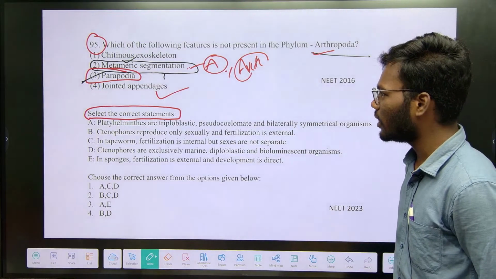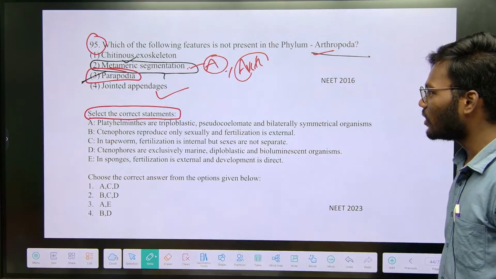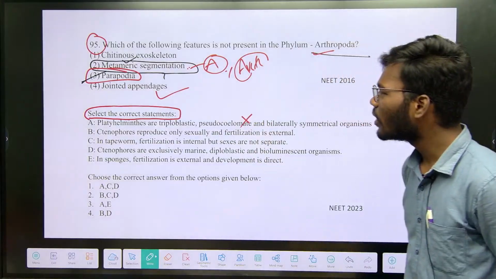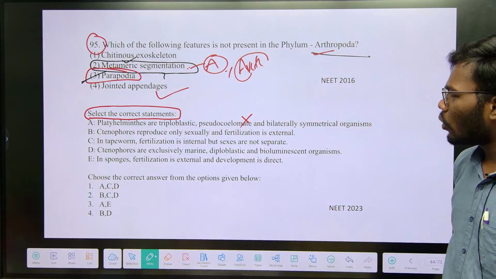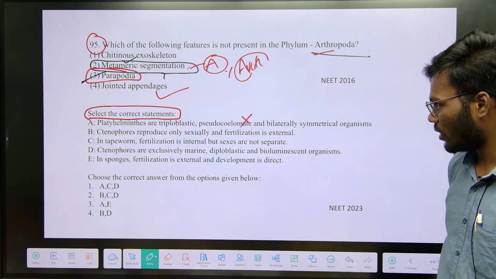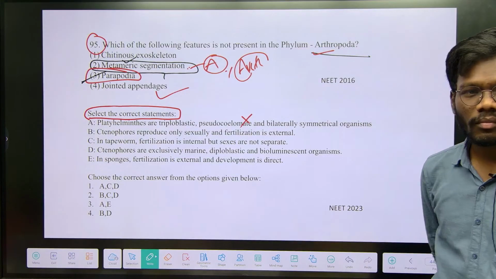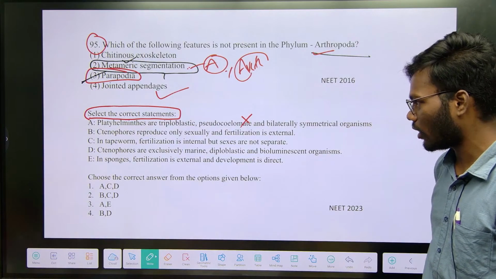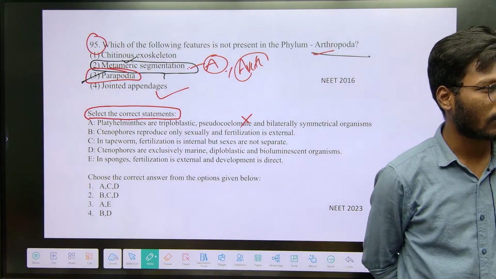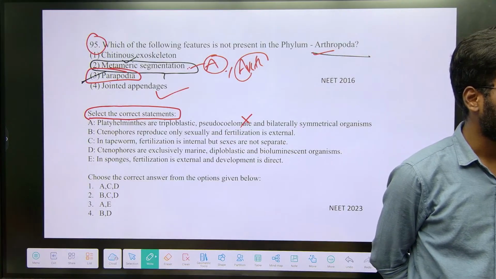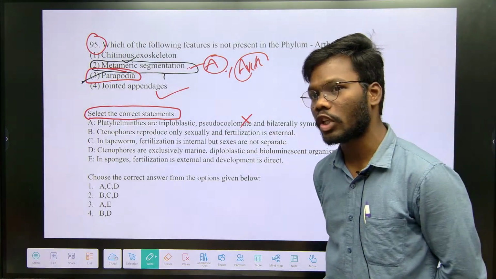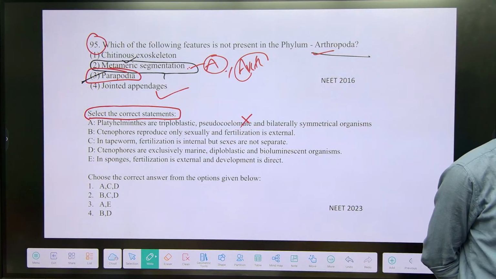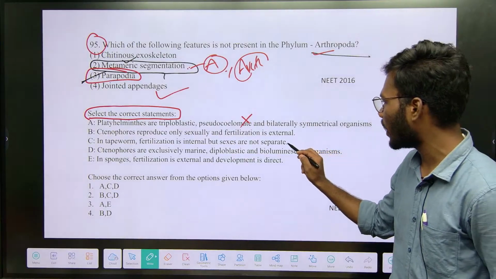See, Platyhelminthes are triploblastic and pseudocoelomates. No? So you can eliminate it here only. Ctenophores reproduce only sexually and fertilization is external. Okay. Next, in tapeworms fertilization is internal but sexes are not separate. In Aschelminthes you will see sexual dimorphism. In Platyhelminthes you will not see any sexual dimorphism, it is hermaphrodite only. So it is right.